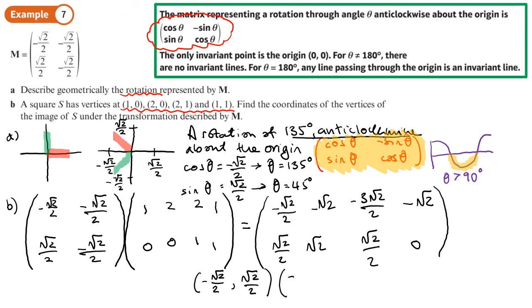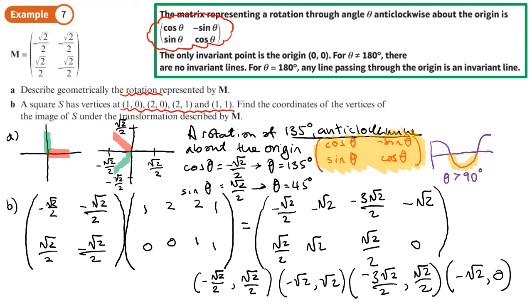Coordinate number 2, negative root 2, root 2. Coordinate number 3, the third column, negative 3 root 2 over 2, root 2 over 2. And then the last column, negative root 2, 0. So this is where these coordinates end up.